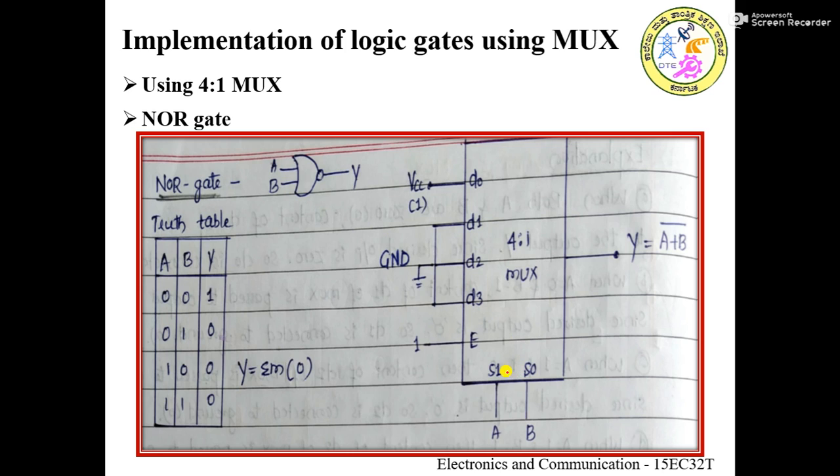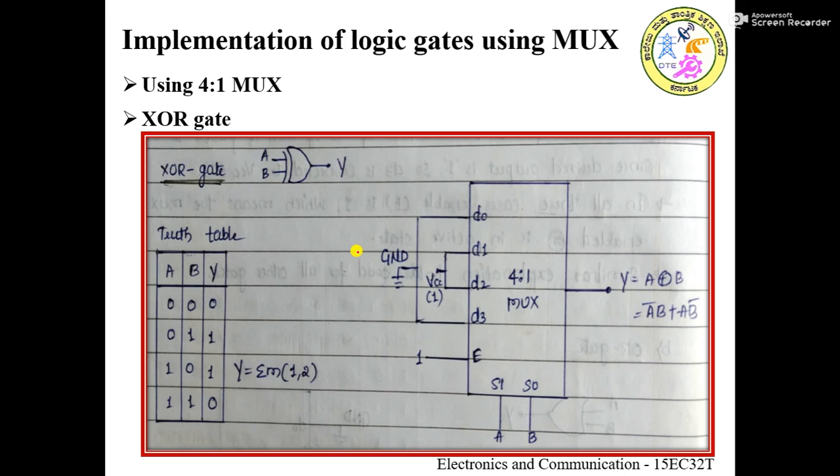S1 is mapped with A and S0 is mapped with B, and the outputs of the NOR gate are mapped with the inputs of the 4:1 mux. The first output is 1, so that's why D0 is connected to VCC, and the rest of the outputs are 0. The rest of the inputs of the 4:1 mux are connected to ground.